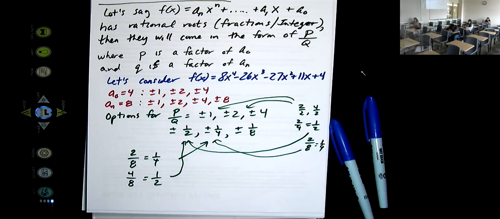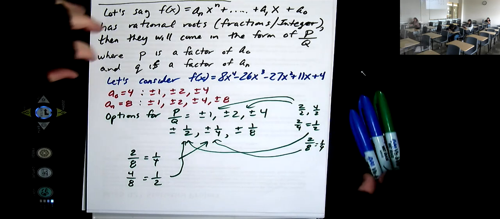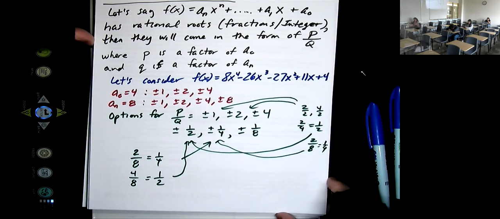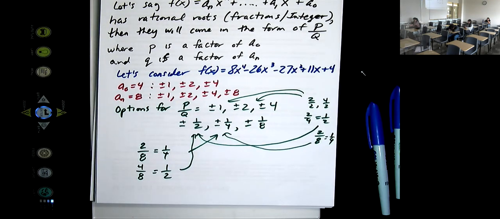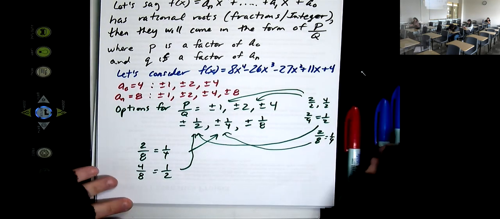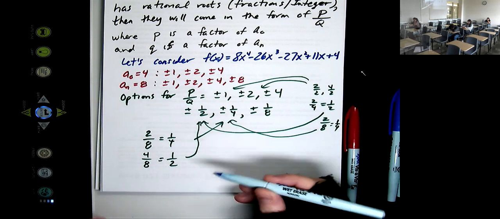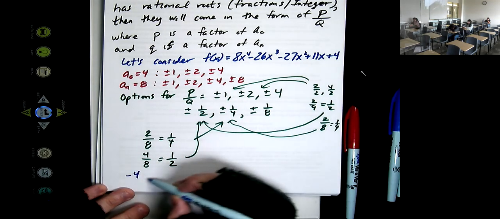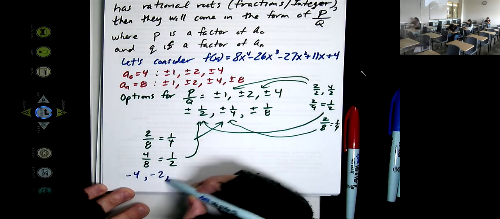So these are the only possible roots that are real numbers. We could have complex roots. If you wanted to write them in numerical order, you could. I think it can be helpful, but it can be a challenge. -4 is the lowest number, then -2, then -1.